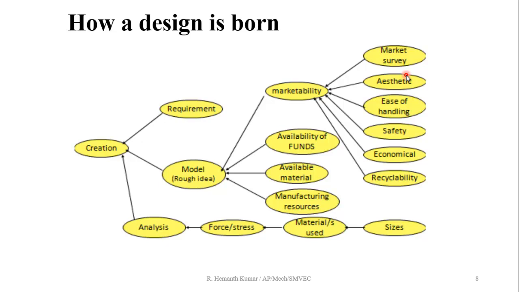Also we will be discussing various loading conditions acting on that particular machine or component. Those things have to be identified and then only we can design. We cannot simply design any component without collection of data like these.